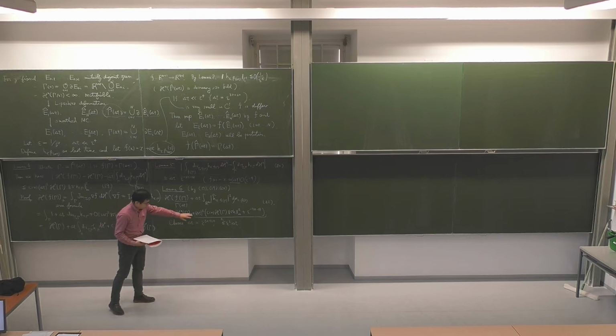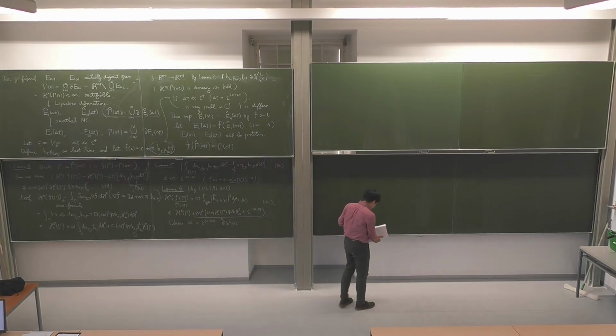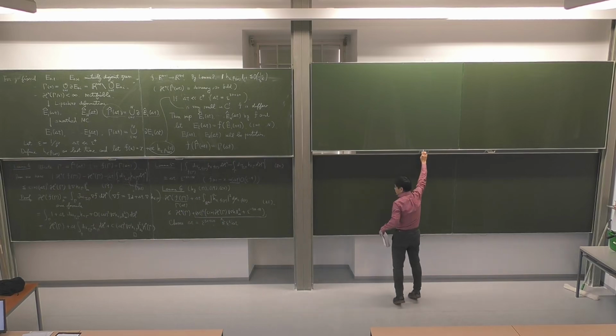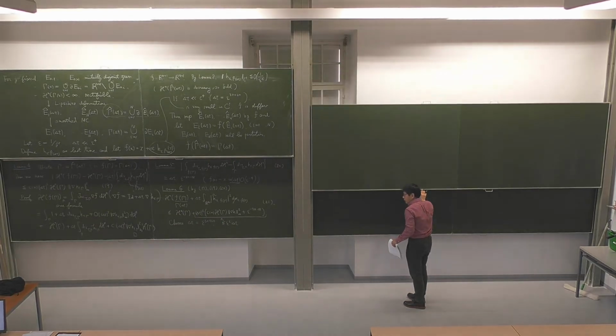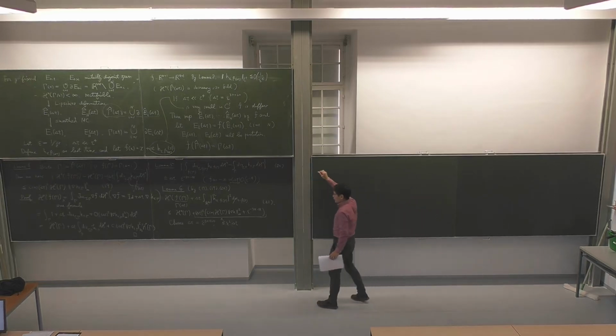So this error term becomes less than epsilon squared times delta t. Okay, so this is the part about Lipschitz deformation.